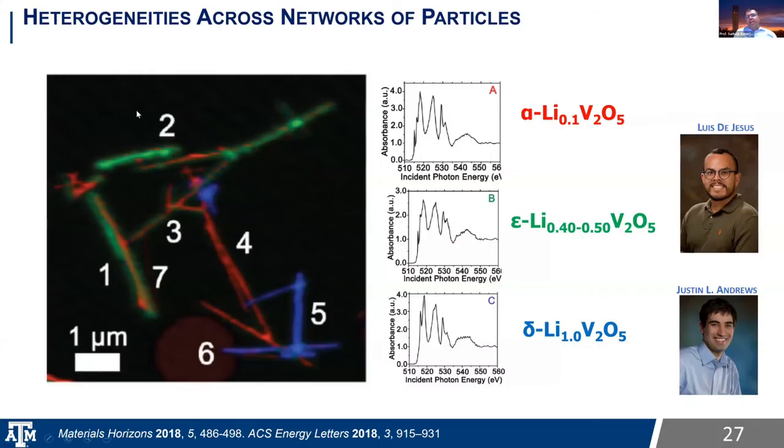And this heterogeneity is not only across single particles, it's across networks of particles, and that has other very profound implications for how these hotspots form in electrodes, and that can also give rise to many catastrophic failure mechanisms.